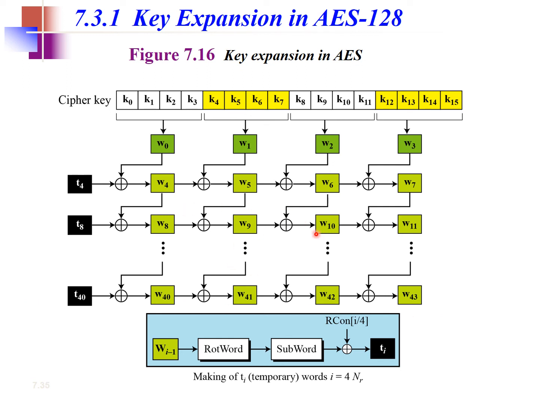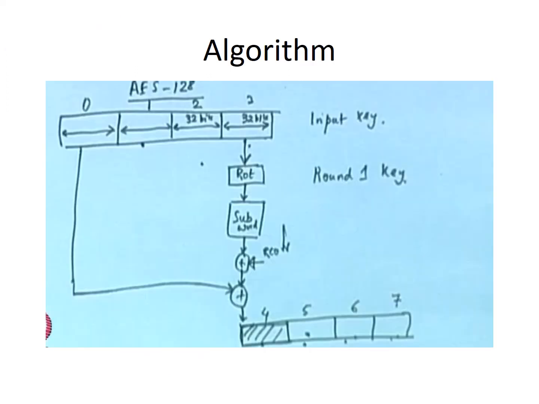How we generate it: we take word 0, word 1, word 2, word 3, and apply the functions rotation word, substitution word and Rcon operation. Suppose my input key is word 0, word 1, word 2, word 3, so a total of 128 bits, each word having 32 bits.